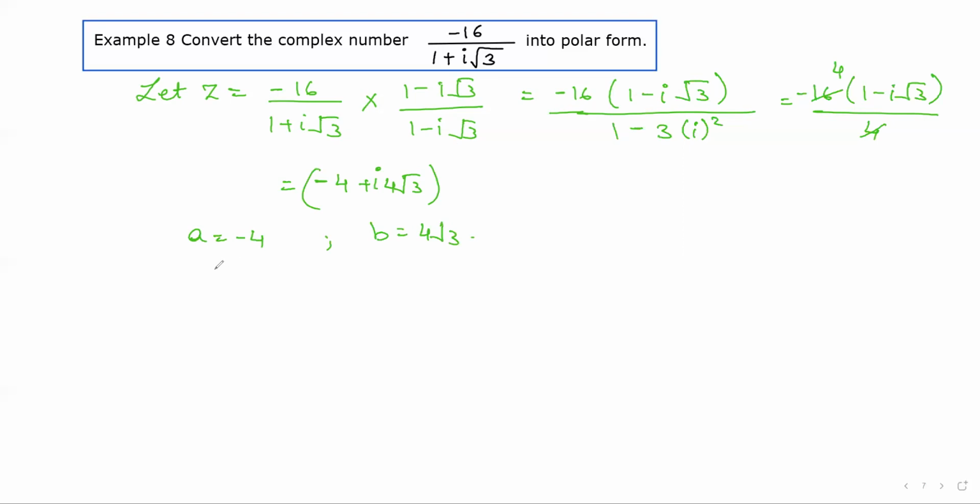Therefore, a equals r cos theta, minus 4, and b equals r sin theta, 4 root 3.